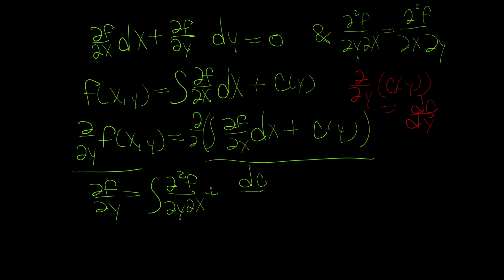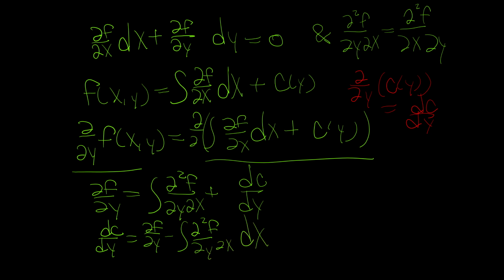So hopefully you can see where this is going now. If we subtract now the mixed partial integral, then we end up with dc dy equals partial f with respect to y minus the integral of partial squared f partial y partial x dx.